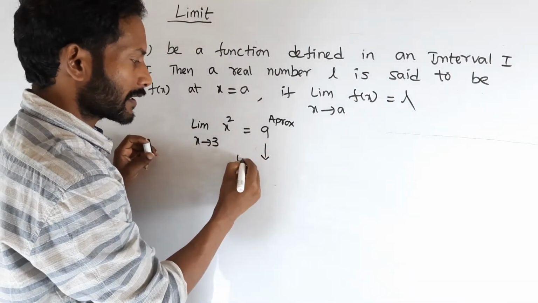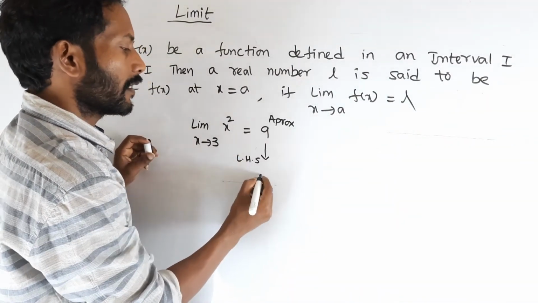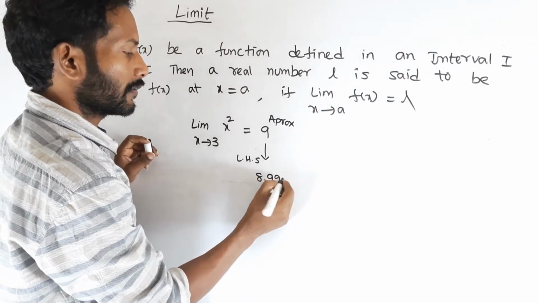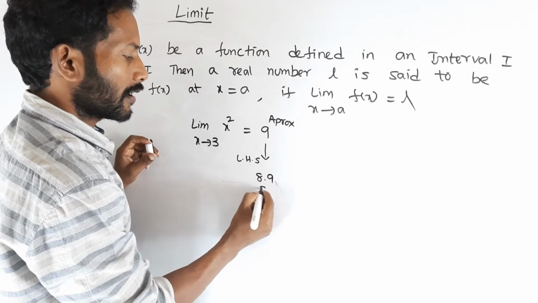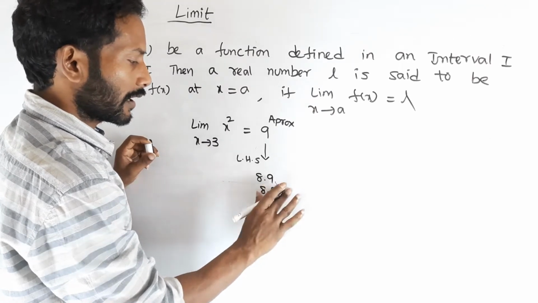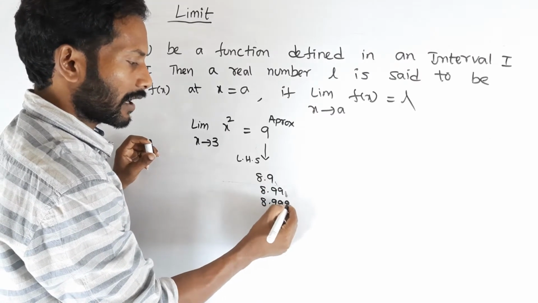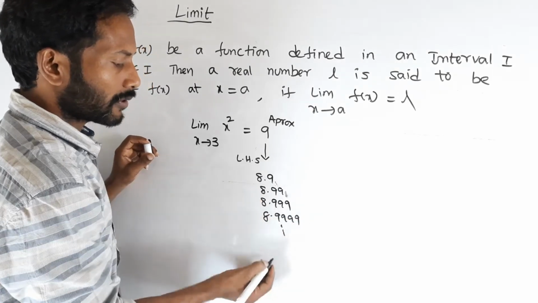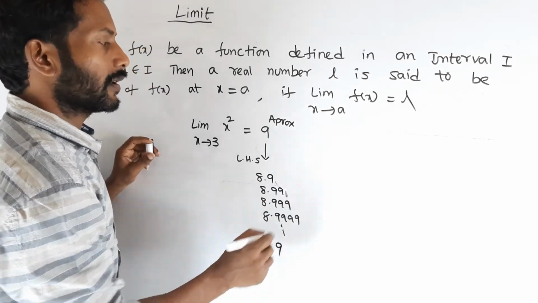Suppose the left hand side results are 8.9, 8.99, 8.999 and so on. This approaches 9.